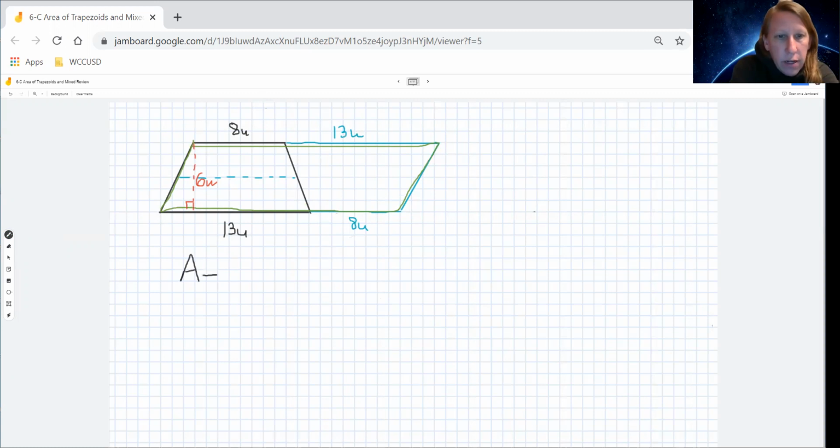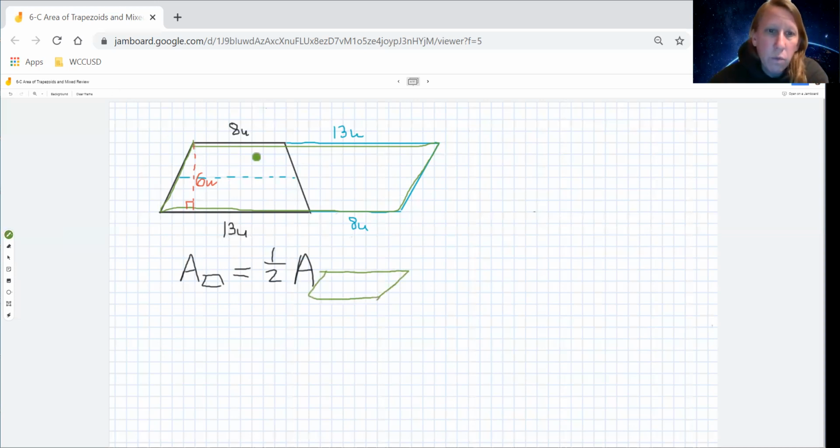You have the area of the trapezoid, and the original one, that is half the area of the big green giant parallelogram, right? Because the part that we want is half of the parallelogram. Kind of cool, huh?